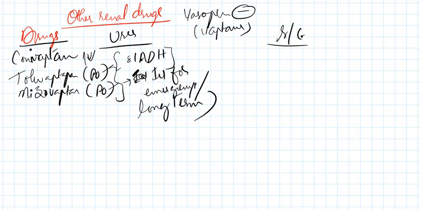Conivaptan is IV, tolvaptan and mozavaptan are peroral. So these three drugs are indicated in SIADH in case of emergency, or they can also be indicated for long-term treatment of SIADH. Now we come to side effects.